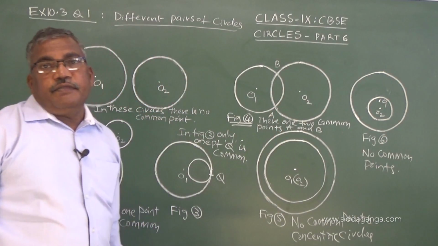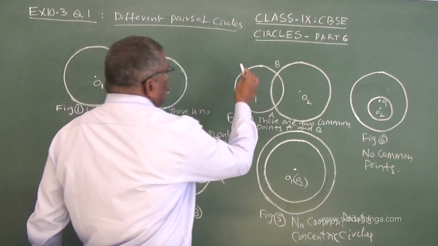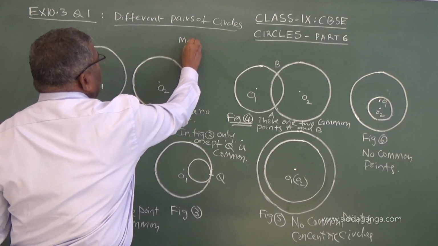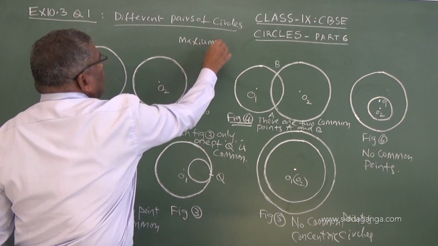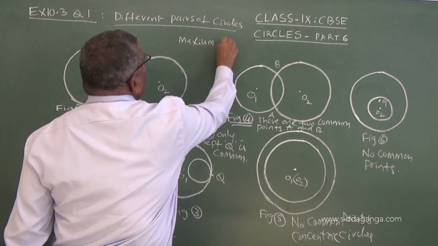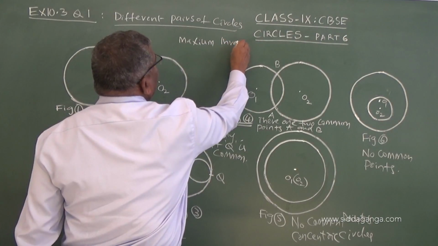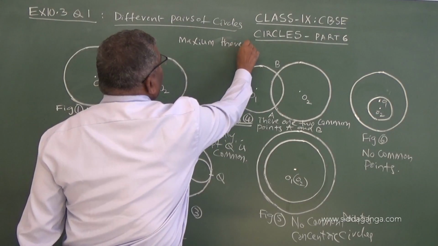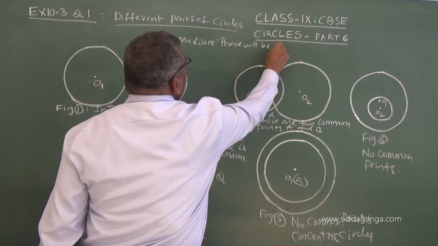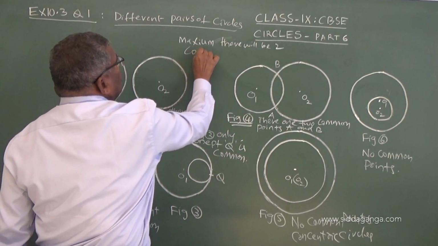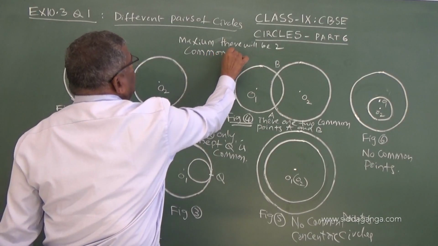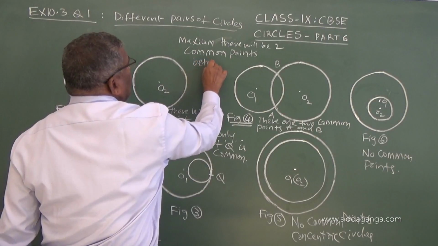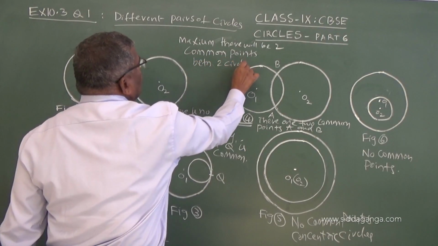So the final answer you can write: there will be maximum two common points between two circles.